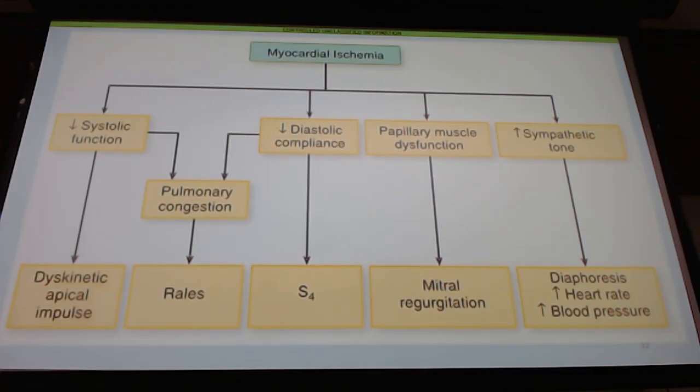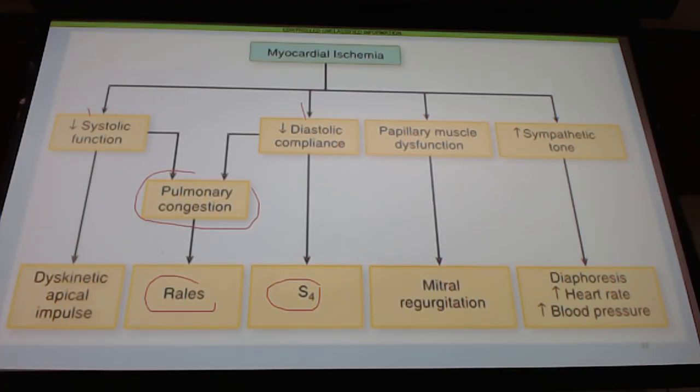So things are going to start to shut down. What are we going to see? We're going to see our two flavors of heart failure, systolic dysfunction and diastolic dysfunction. That's going to lead to your typical heart failure symptoms, to include pulmonary congestion, so crackles on lung auscultation. You may even get that S4 present.